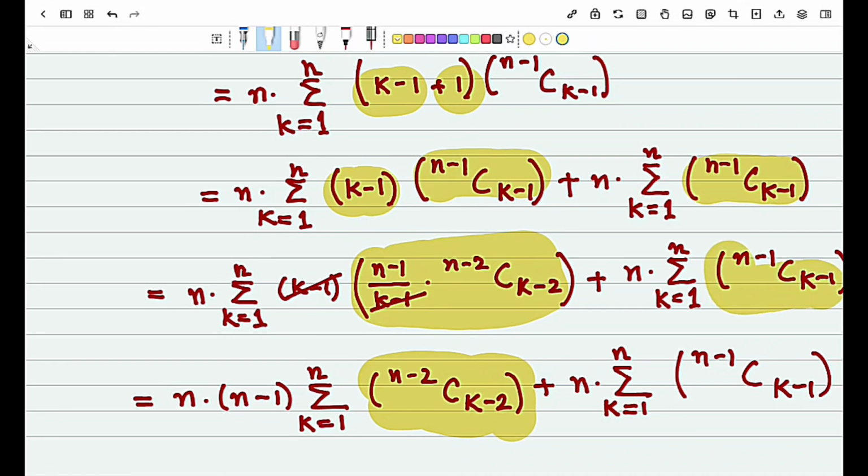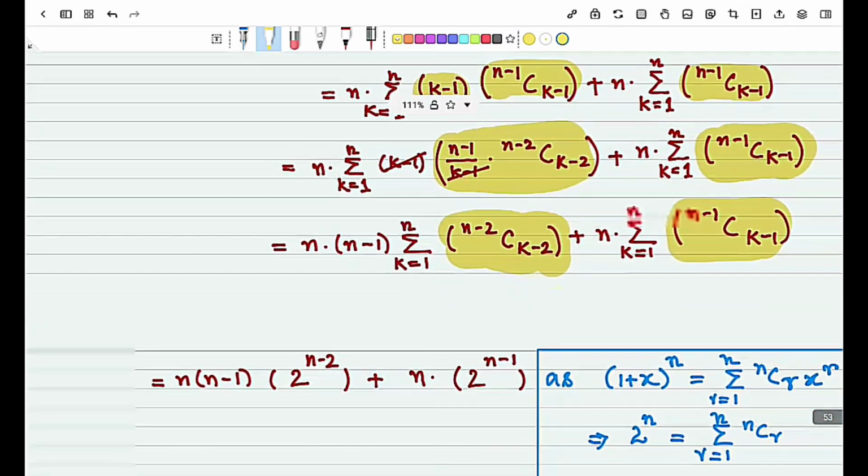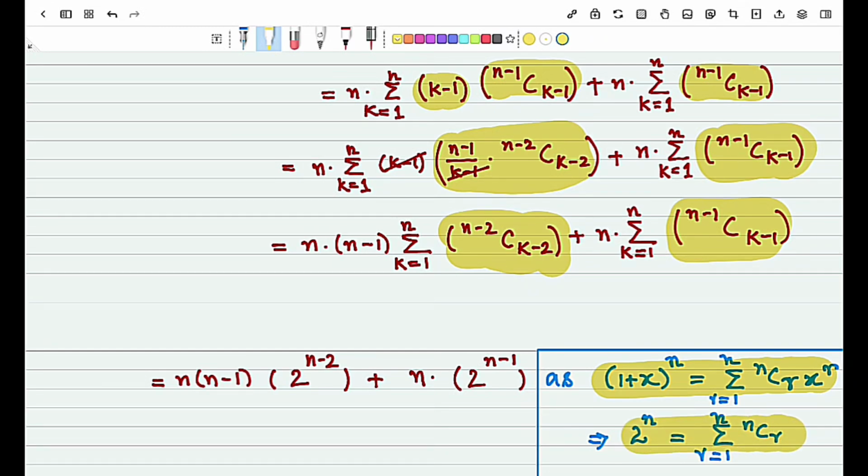And this is already a simple one, so we can evaluate these two expansions with the help of (1 plus x) to the power n. We all know the expansion of (1 plus x) to the power n, and thereafter putting the value of x equal to 1, we get that the value is 2 to the power n. By similar analogy, the value of this expression right here is equal to 2 to the power of n minus 2, and the value of this other expression is equal to 2 to the power of n minus 1, right?